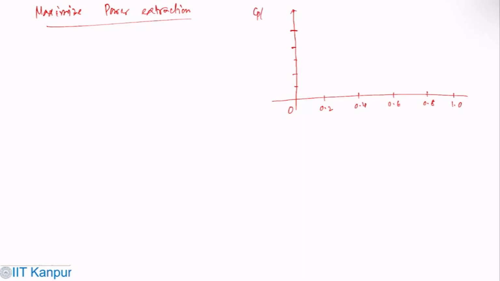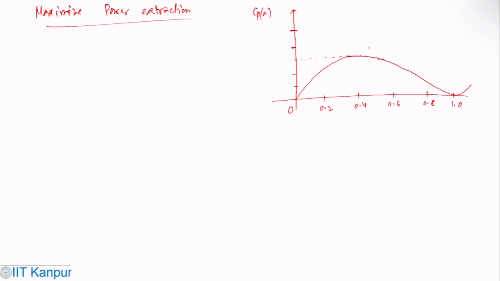So this is Cp of A. So you can have a curve like this, and then it goes like that.